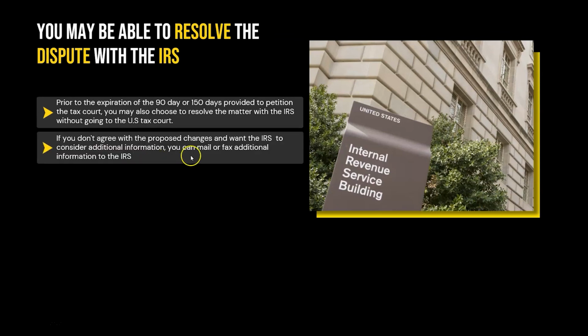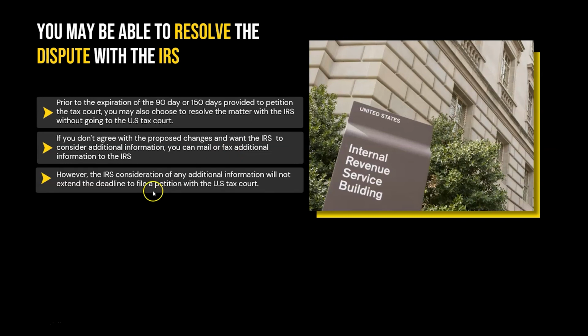If you do not agree with the proposed changes and want the IRS to consider additional information, like I said, you can mail or fax additional information for them to figure it out. However, the IRS consideration of any additional information you're providing is not going to extend the deadline to file a petition with the U.S. Tax Court. The IRS makes this very clear in the notices they send you.